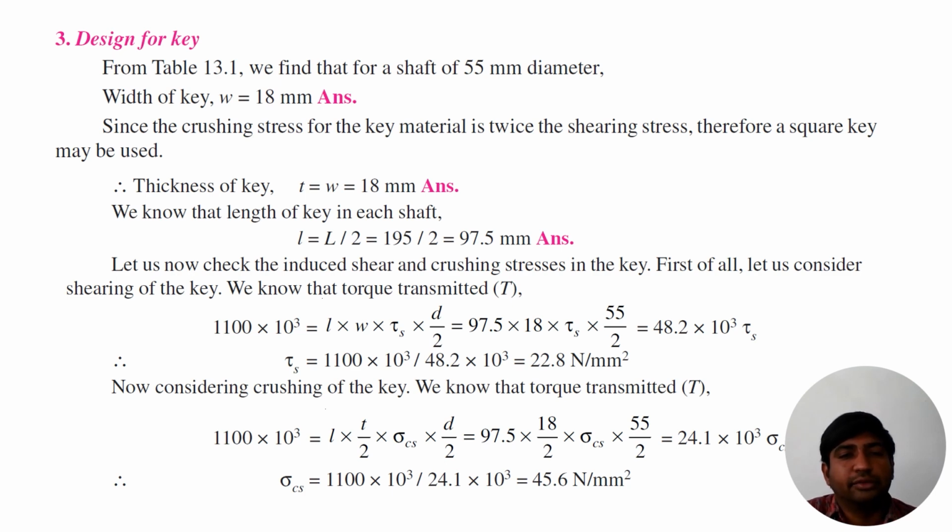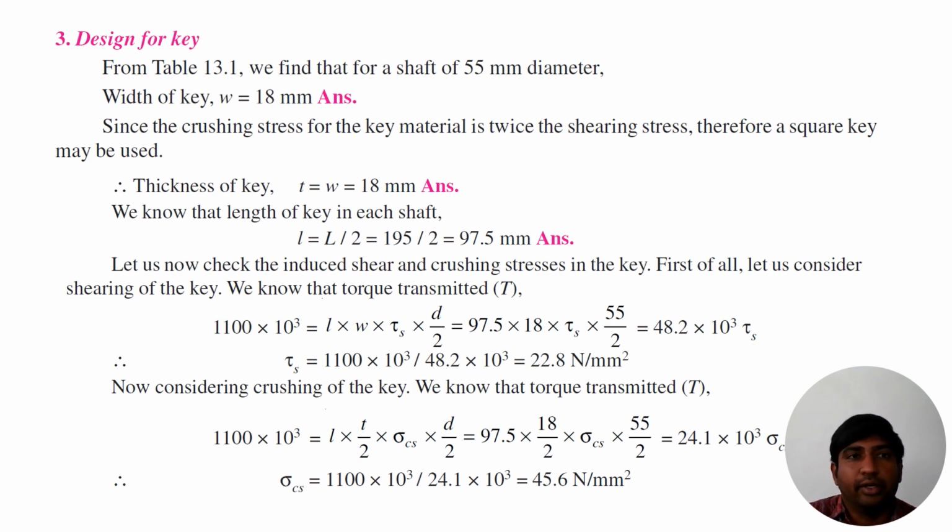In CSS there is the value 22.8. The maximum permissible CSS is 40 Newton per mm square, which is given in the problem. So 22.8 is less than 40 Newton per mm square, so the design of the key is also within the safe limit. Similarly, the crushing stress of the key is also within the safe limit: 45.6 is the calculated value, and the given value is 80, so 45.6 is less than 80 Newton per mm square.